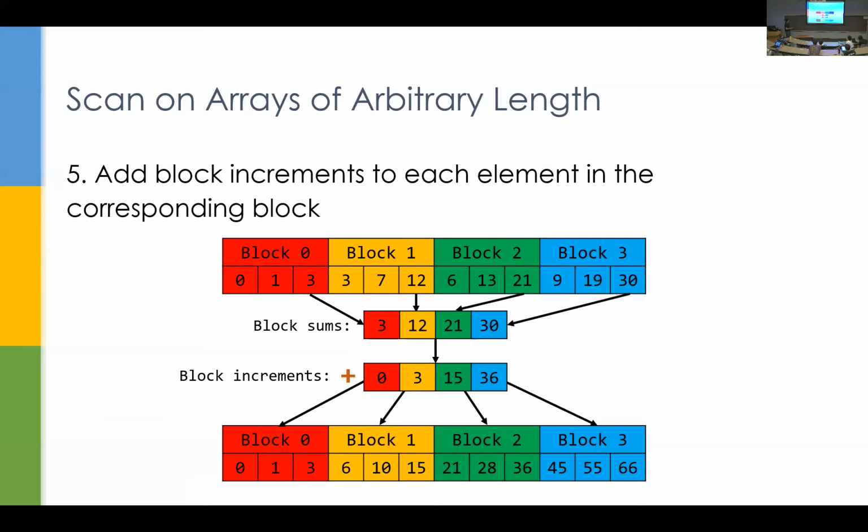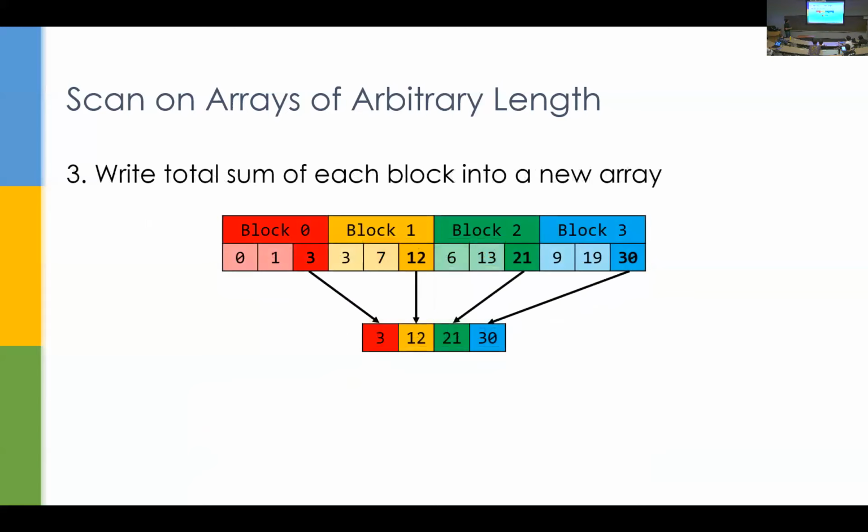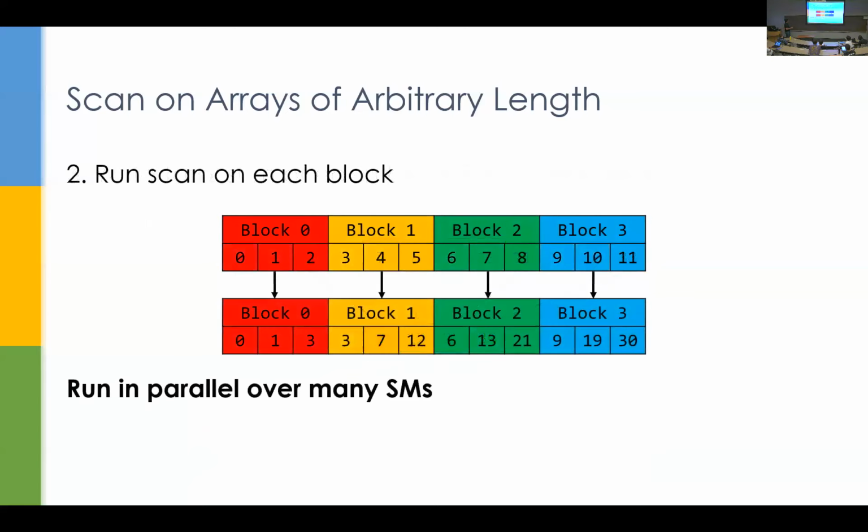So if we take 15 for example, which is the offset we are adding to block 2, it starts here, right? So 15 plus 0. What is the sum of 0 to 5? 15, right? So block 2 needs to start from 15 plus 6, 15 plus 7, 15 plus 8, and so on. That's because you're trying to do a scan on the entire array.